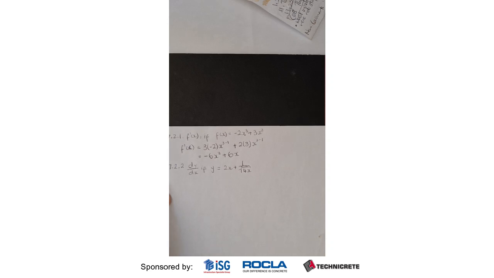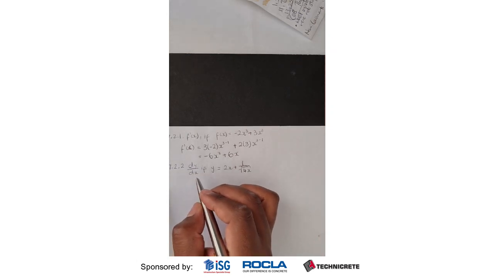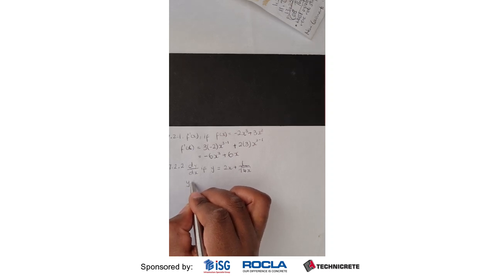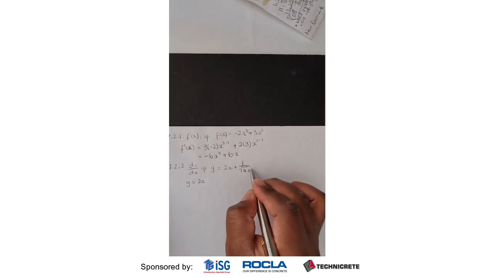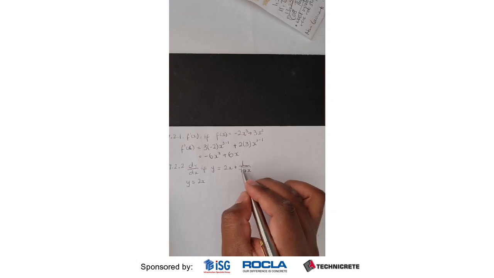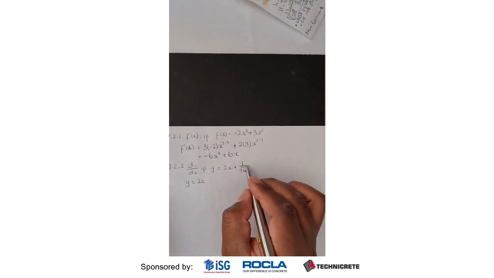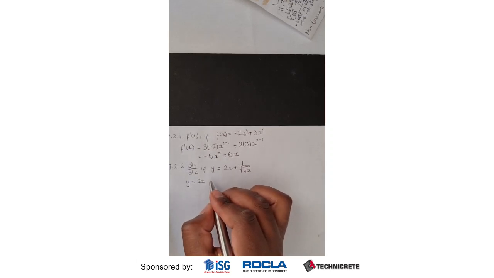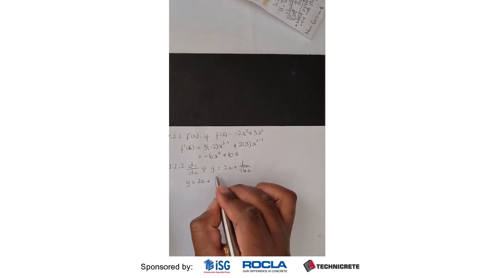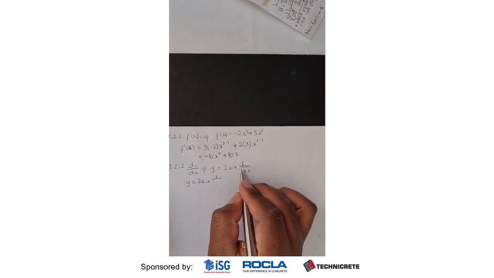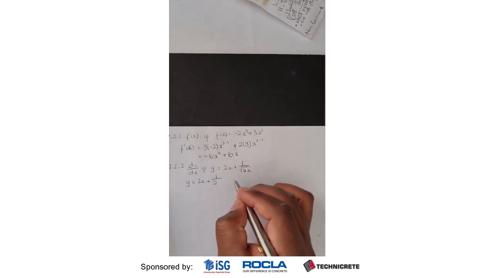Now, how will we approach this? The first thing to do, and the best thing to do, is to make this x not be in a fraction. So best thing to do is to say 1 over the root of 4 is just 1 over 2.